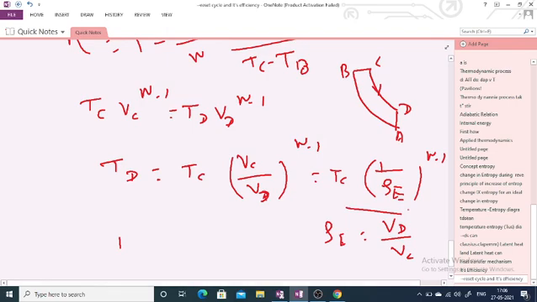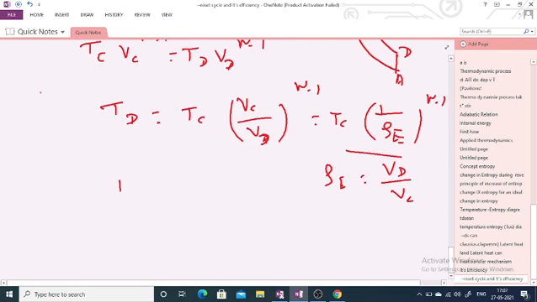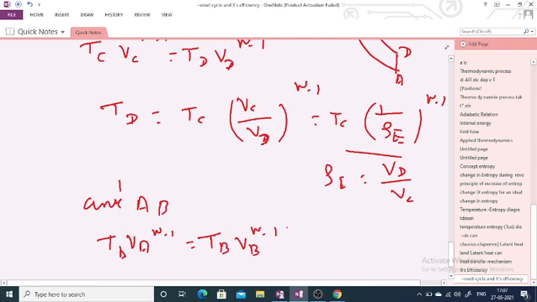Similarly for curve AB, the adiabatic relation between the temperature and volume is Ta Va raised to gamma minus 1 equals Tb Vb raised to gamma minus 1.